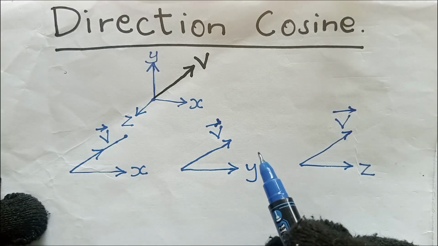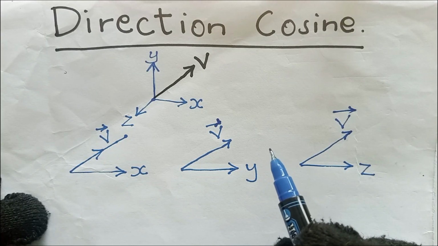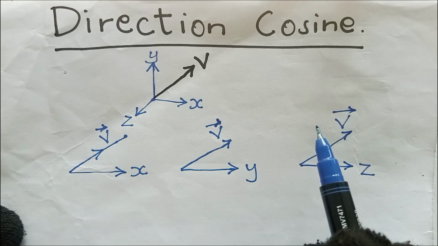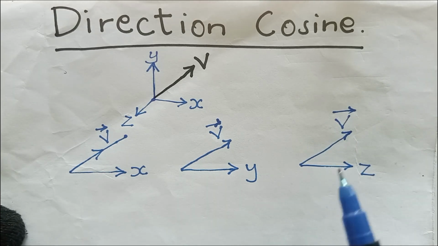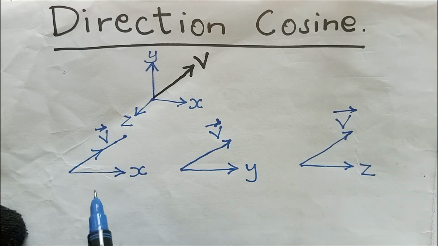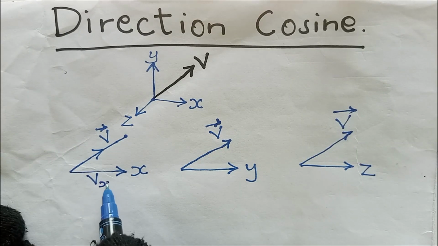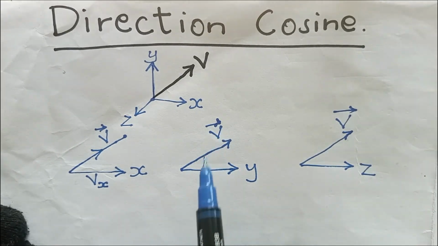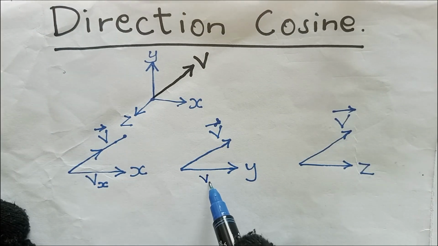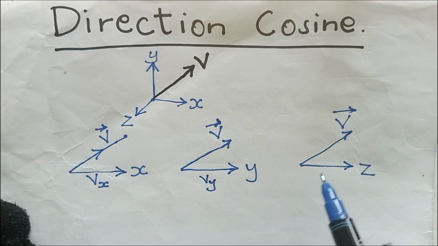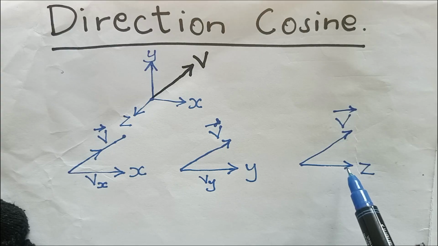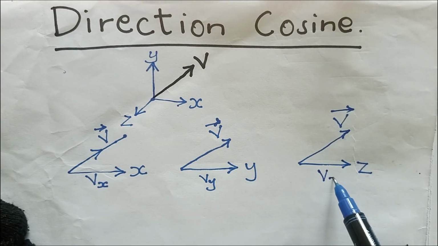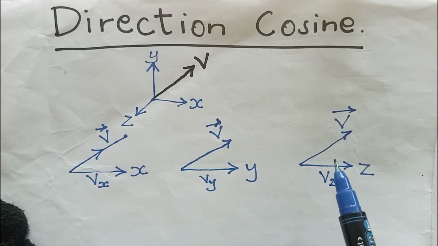So assuming in the x direction, v has moved how many units? Vx units. In the y-axis, the vector v has moved vy units. And in the z direction, the vector v has moved vz units.